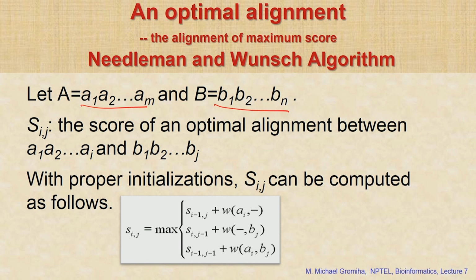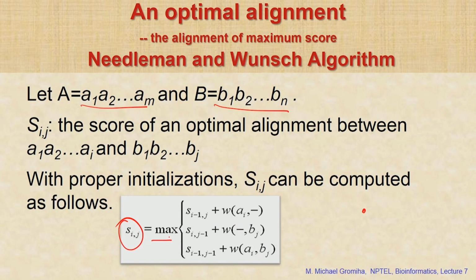So, if they give proper initialization and they give a score, that is Sij. If you have one nucleotide and you want to make the alignment compared with the previous ones, either we can give a gap for insertion or for deletion, or you can compare these two nucleotides giving the match score or mismatch score.